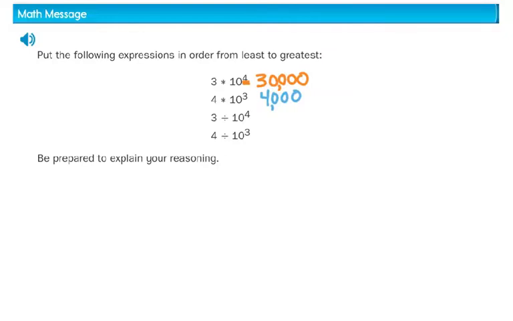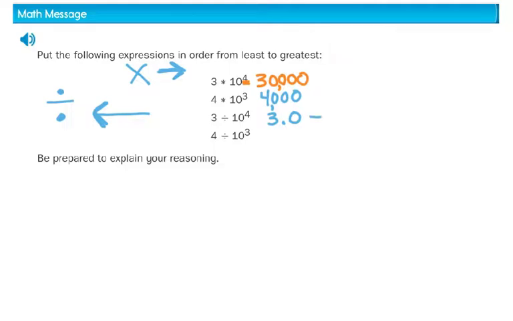Ooh, 3 divided by 10 to the 4th. Remember, 3 is the same thing as 3.0. Remember, when we're dividing by exponents, the decimal point moves to the left. If we're multiplying, the decimal point moves to the right.